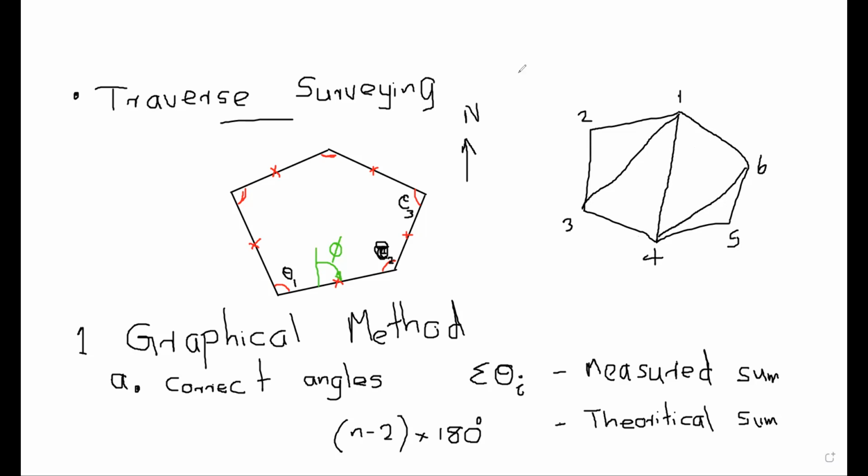And when you take the sum of all the angles, now there are 4 triangles. The sum of the angles of a triangle is 180. So you have 4 triangles.